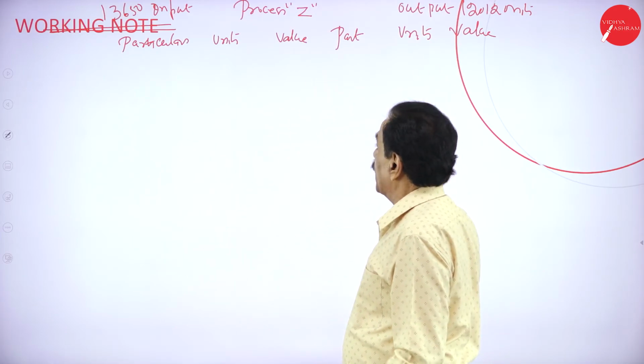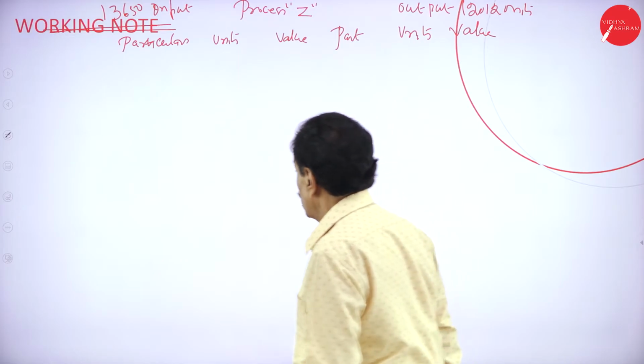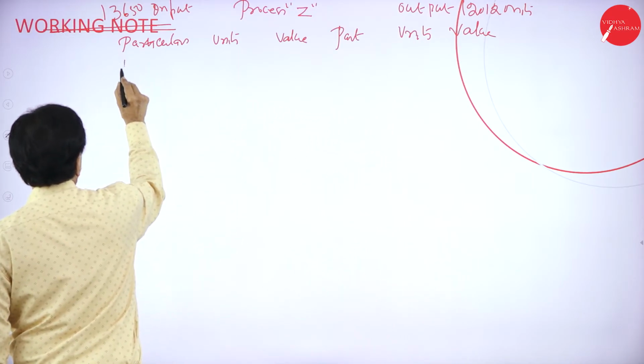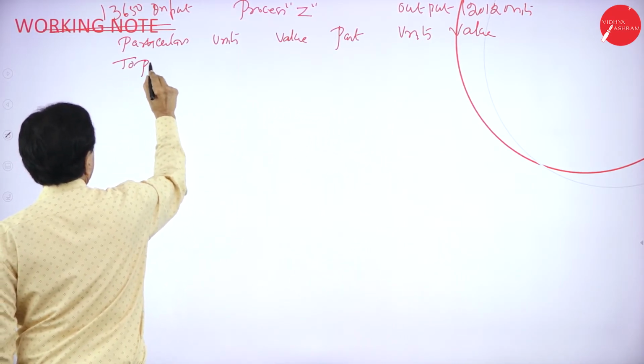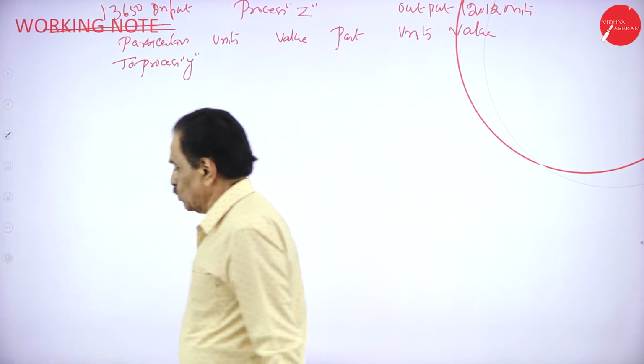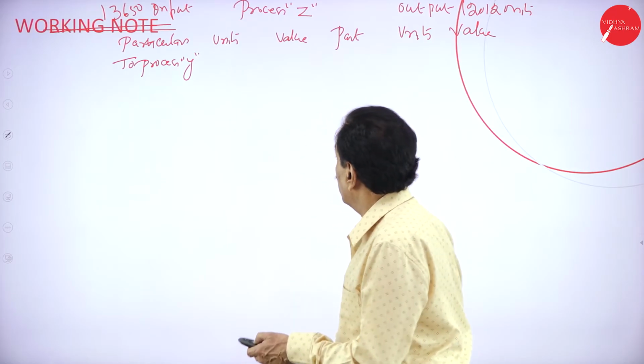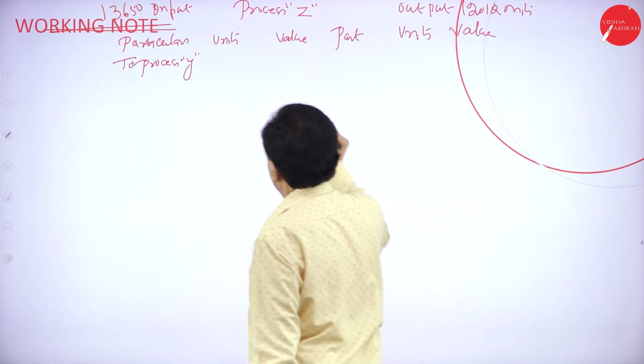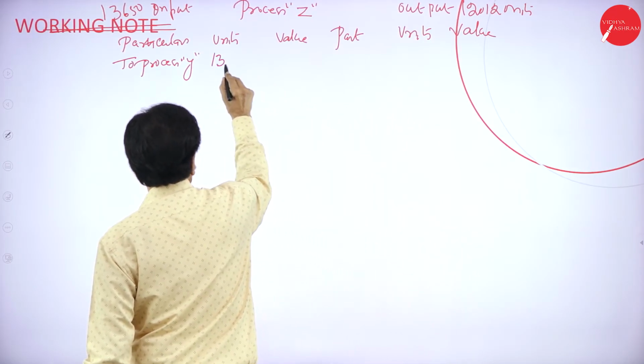So particular units value. So transfer entry to process Y. To process Y. Find out the units and value. 13,650.